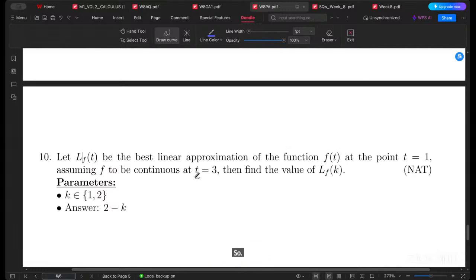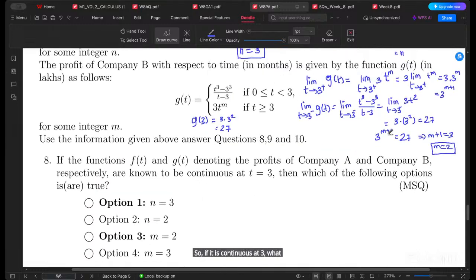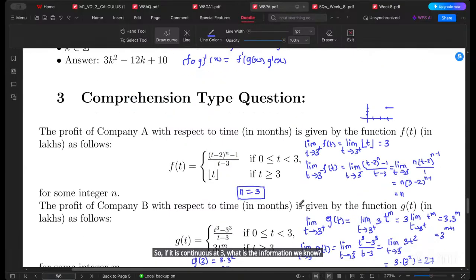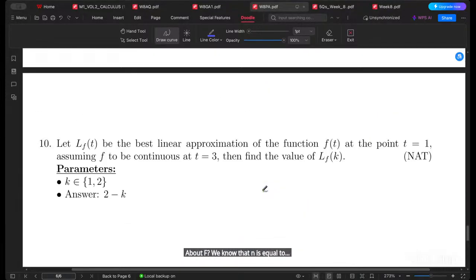If it is continuous at 3, what information do we know about f? We know that n is equal to 3. So we know that f of t is equal to (t minus 2) power 3 minus 1 by t minus 3.